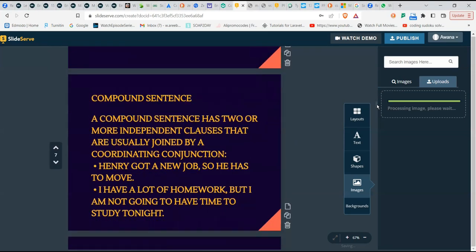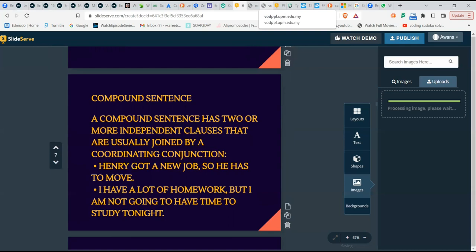Now we have compound sentence. The first one was simple sentence. Now it's compound sentence. A compound sentence has two or more independent clauses that are usually joined by a coordinating conjunction. We read about conjunctions. There are three main categories of conjunction: coordinating, subordinating, and correlating.